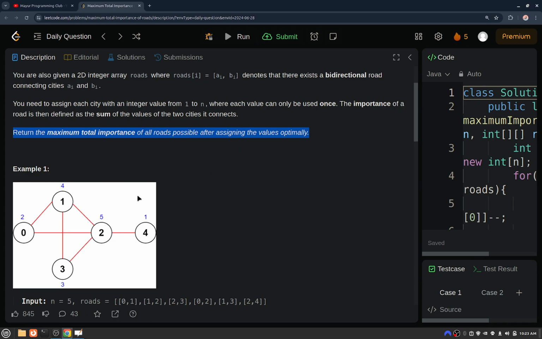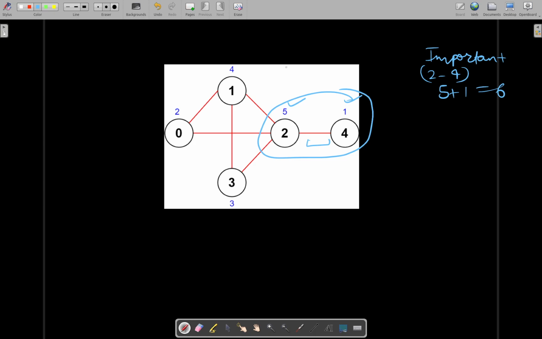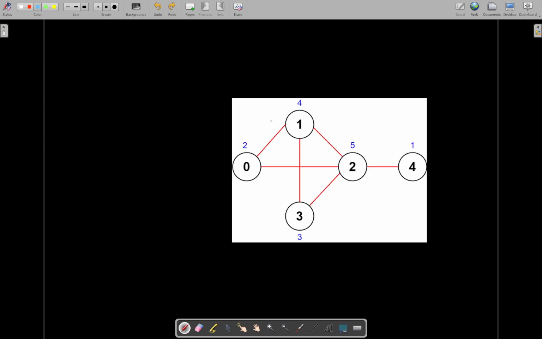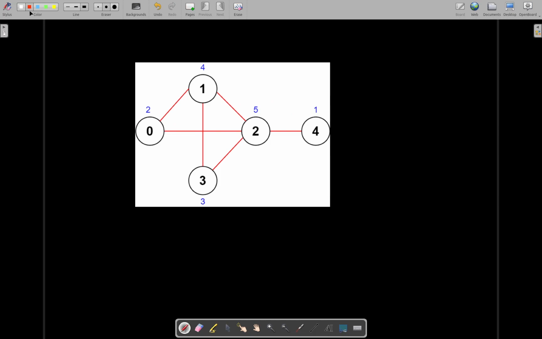If we take this example and try to make some observations, we will see one crucial observation: whenever there is a city which is connected to more cities, it is assigned the larger value.